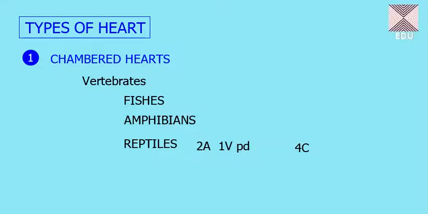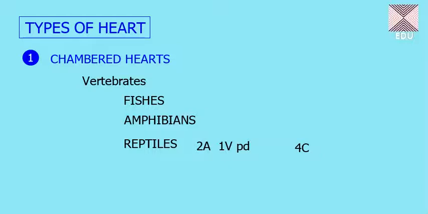That means that oxygenated blood coming from the lungs will go to the left side of the heart, and it is essentially separated from the deoxygenated blood which is going to the right side of the heart. So if we talk about the reptiles, we have a fully channeled blood system.